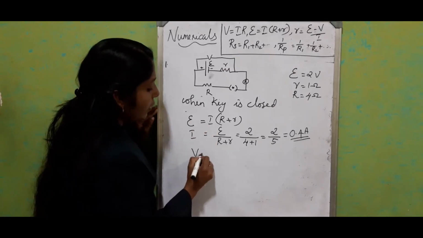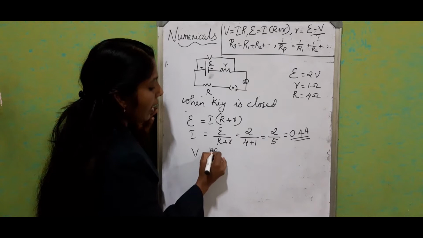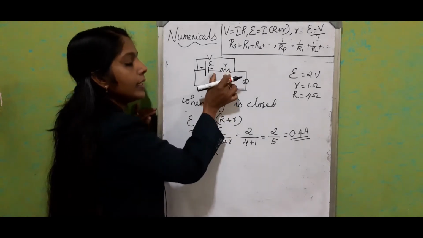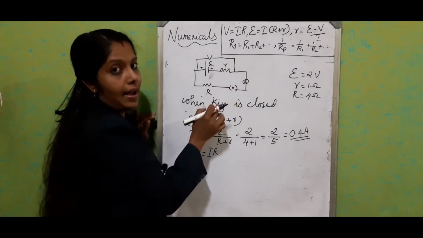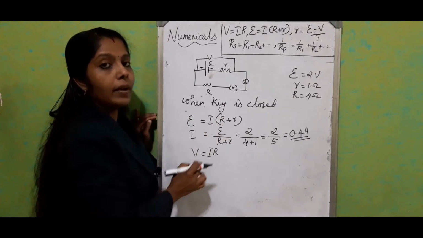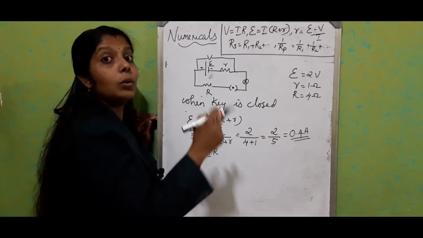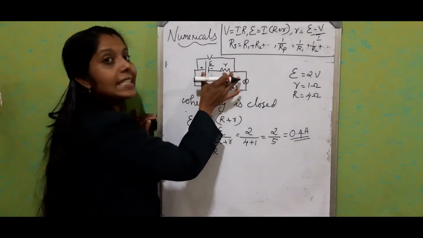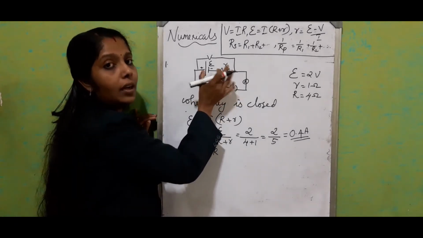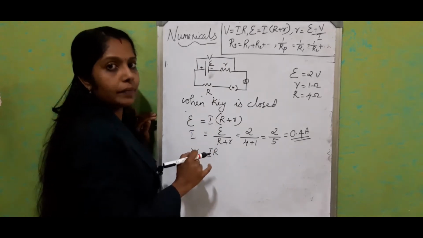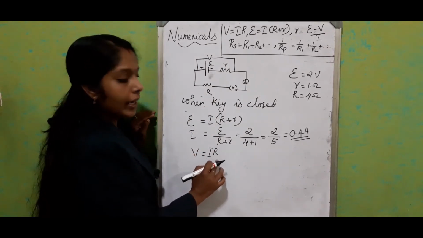So voltage drop is equal to I into R. There we don't want to consider epsilon and r. Voltage drop is the voltage available in the outside circuit. This is the inside part, this part is only for the cell. Okay, so V is equal to I into R.